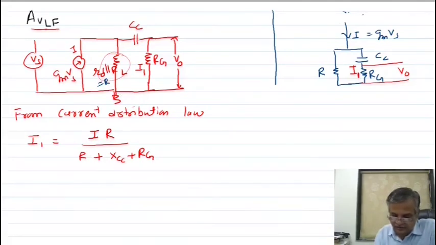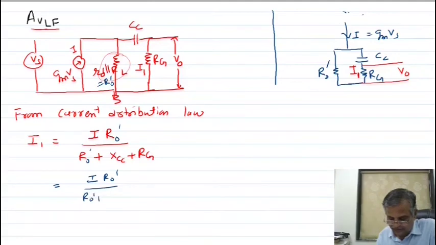I am writing here RO dash because finally I will use it. So here current I1 is I times RO dash upon RO dash plus RG plus XCC.